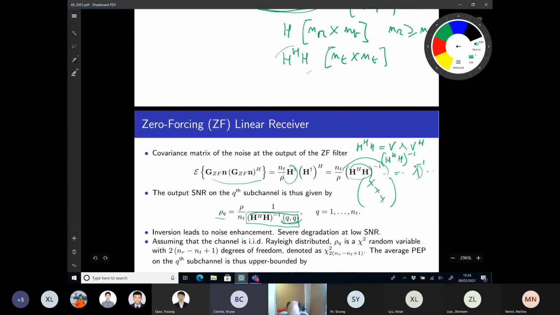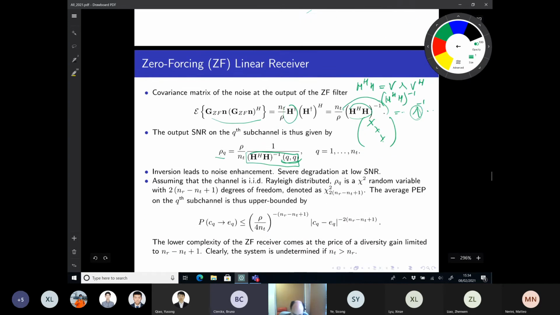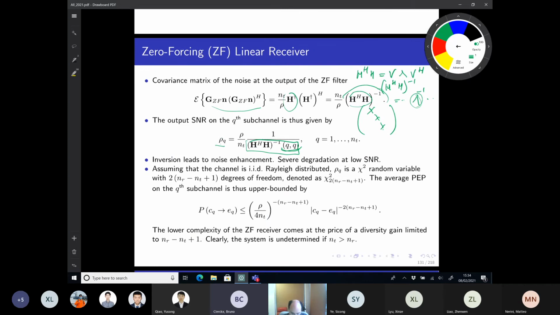If some of those are small, then the inverse will be large, and you will amplify the noise quite significantly. So that's the noise enhancement problem. It works well if your channel is well conditioned, you have good rank, and the eigenvalues of this matrix are more or less the same. But if you have a large disparity of eigenvalues, you can have this noise amplification that leads to performance loss.